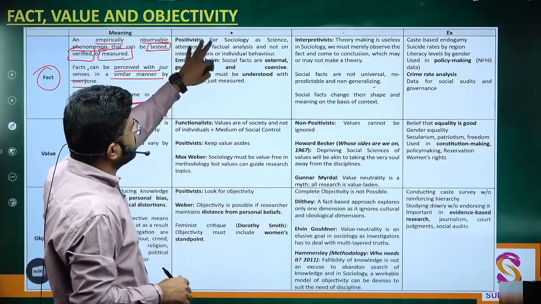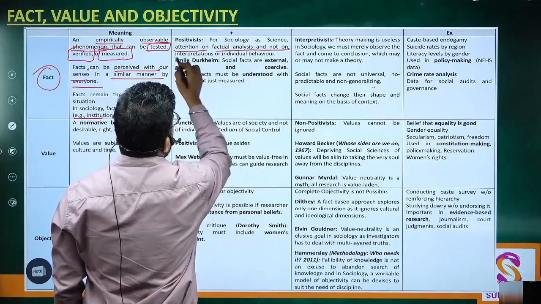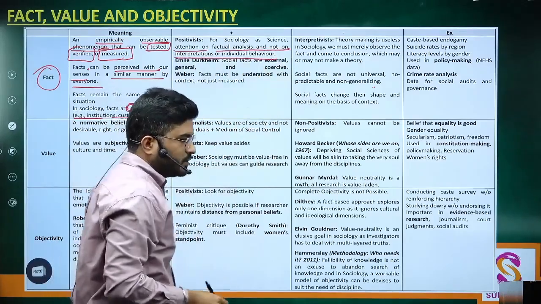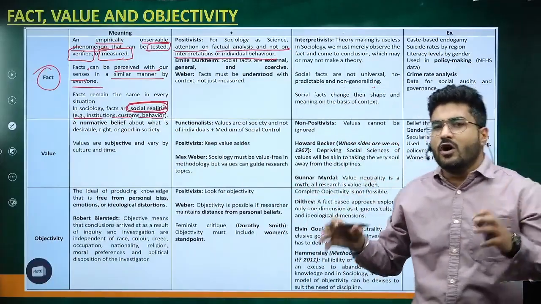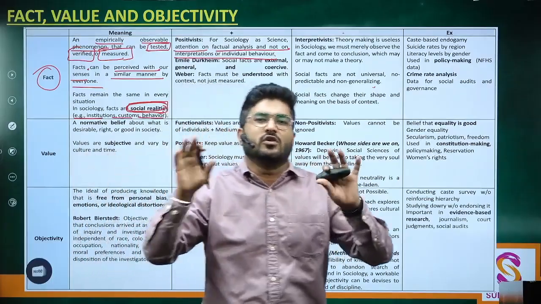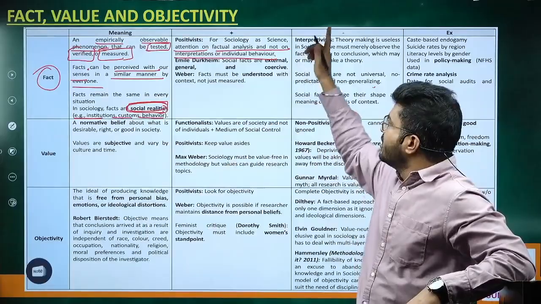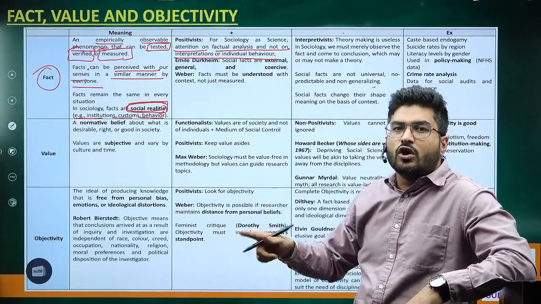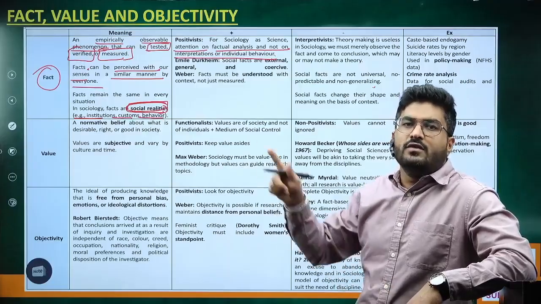So for positivists, for sociology as science, the attention is on factual analysis and not on interpretation or individual behavior. Positivists tell us that if we want to make sociology a science, which they consider it to be, we have to focus on factual analysis and not on interpretations or individual behavior.